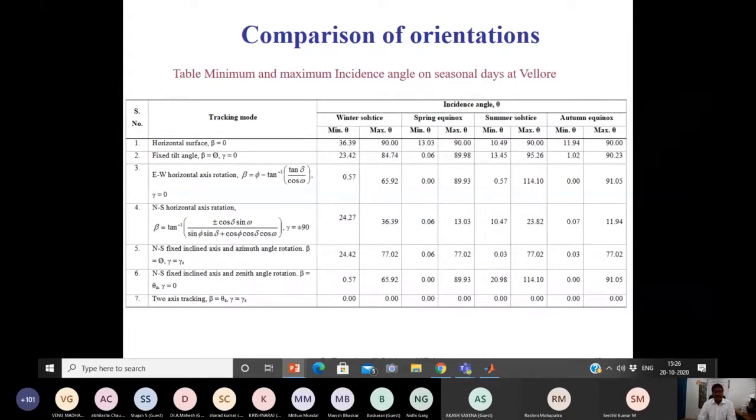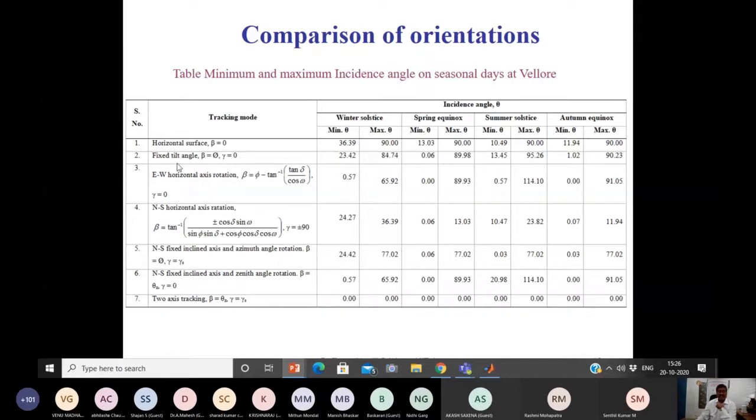So this is one of the applications I can show, where different orientations can be compared. This estimation is based on the orientation, and different orientations are compared here. The incidence angle is also calculated using solar geometry. The first line shows the reference surface, the horizontal surface.